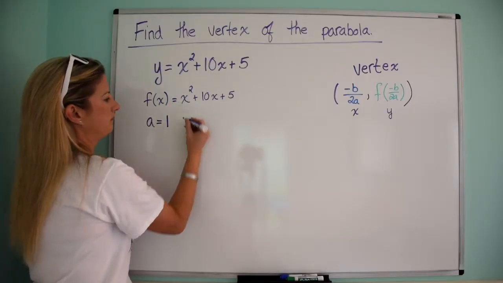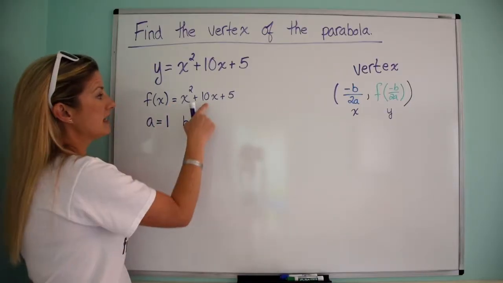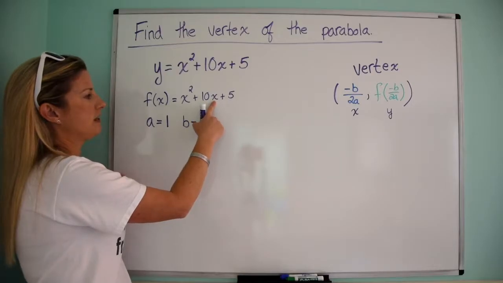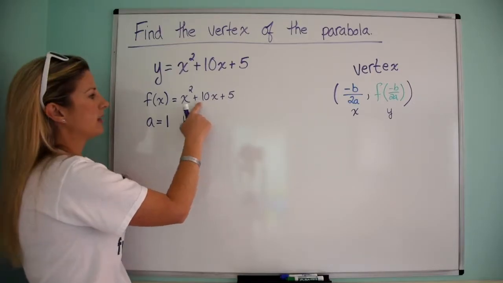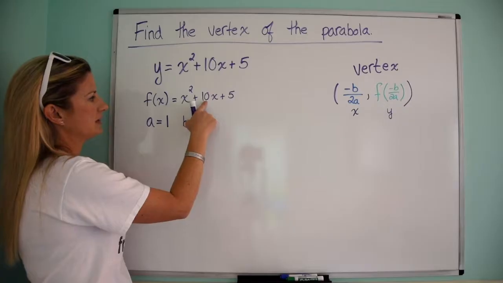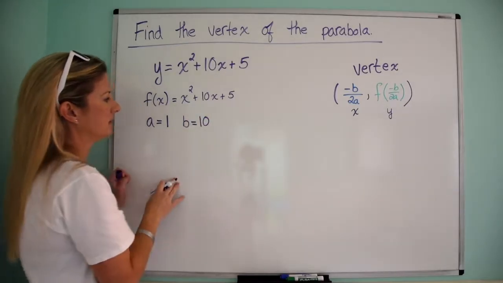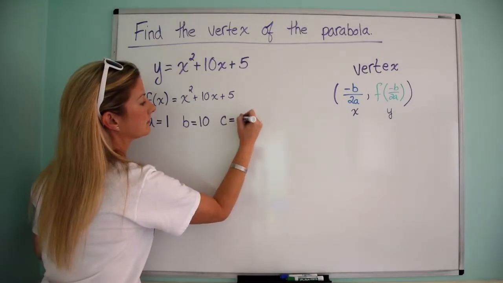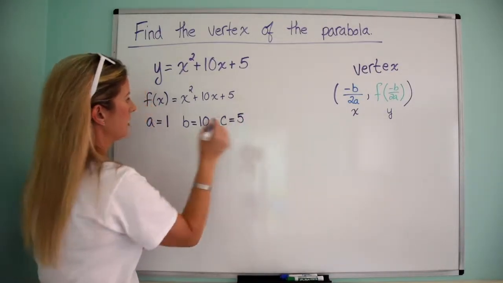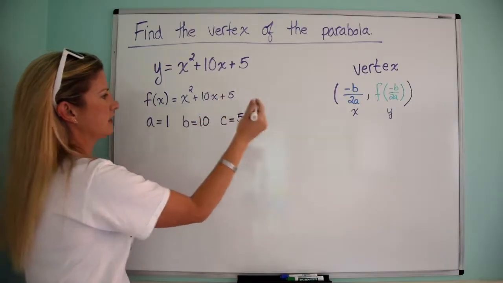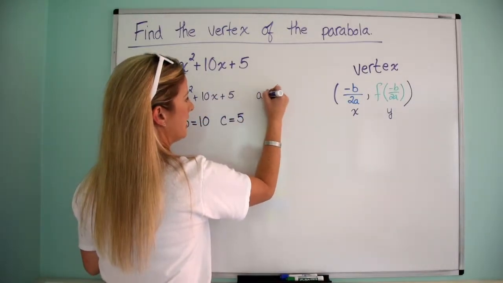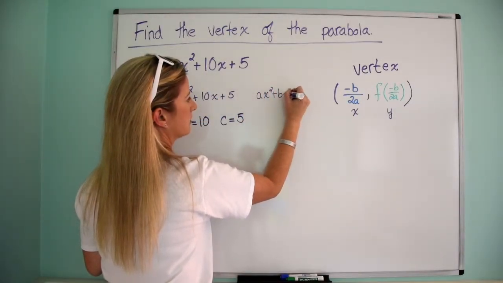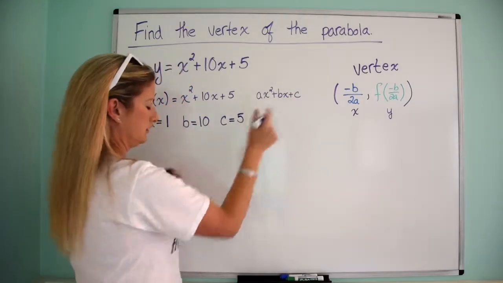So a equals 1. b is the coefficient of the x term, the linear term, so that's going to be 10. And c is your constant. We know we can write it also as ax squared plus bx plus c, so we just need to know those values.